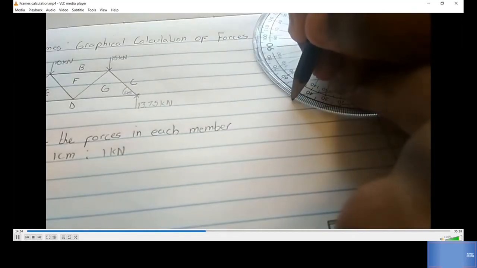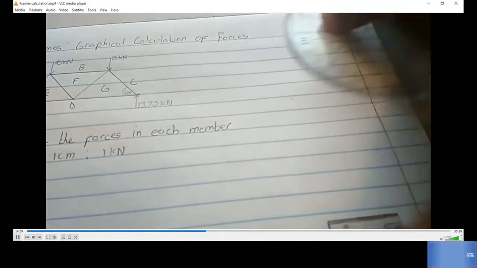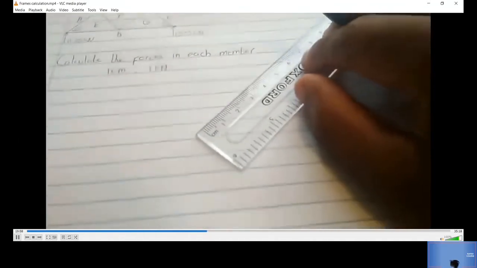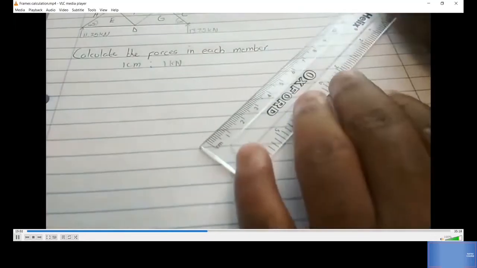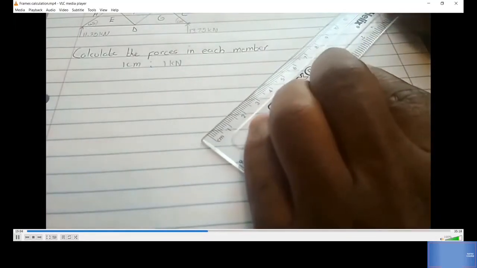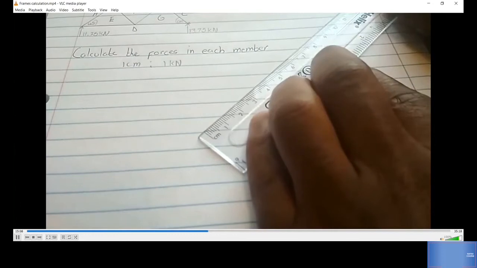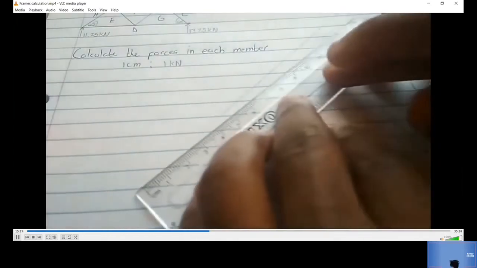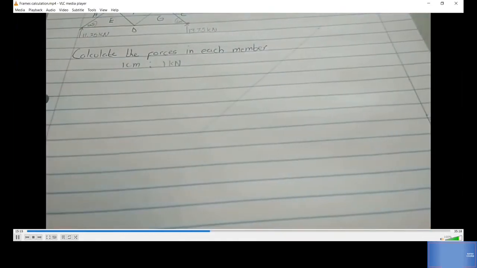Now what we're going to do is take our ruler and draw a faint line or a construction line that passes up at a 45-degree angle like that. Okay, we'll end it then.